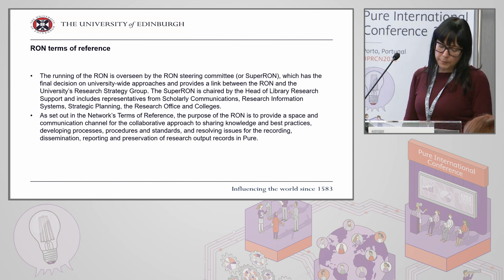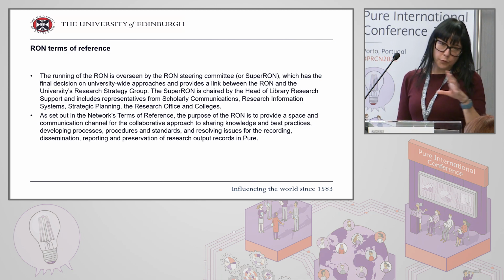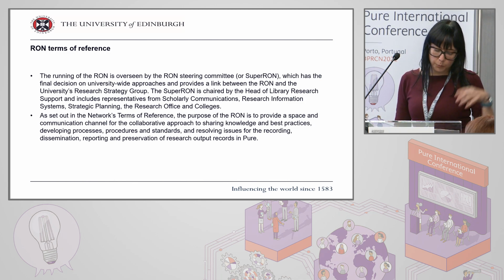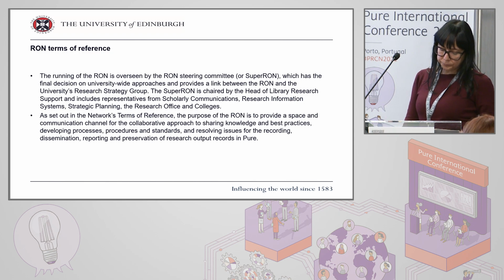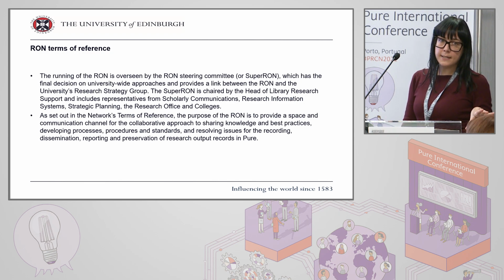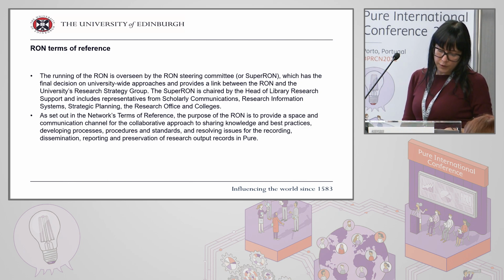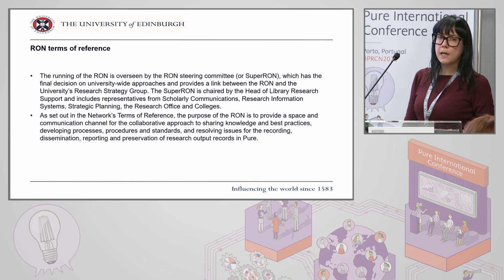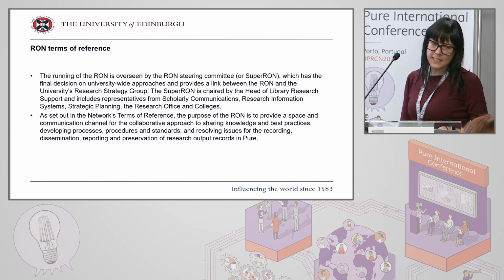It had a revised membership of college, school and institute research managers and administrators, all of whom are involved in creating research output records. The RUN meets quarterly and is chaired on a rolling basis by research officers. So I'm one of the co-chairs of the RUN. There are some academic staff also part of the network, and they provide their perspective on all the processes and policies that are implemented across the university.